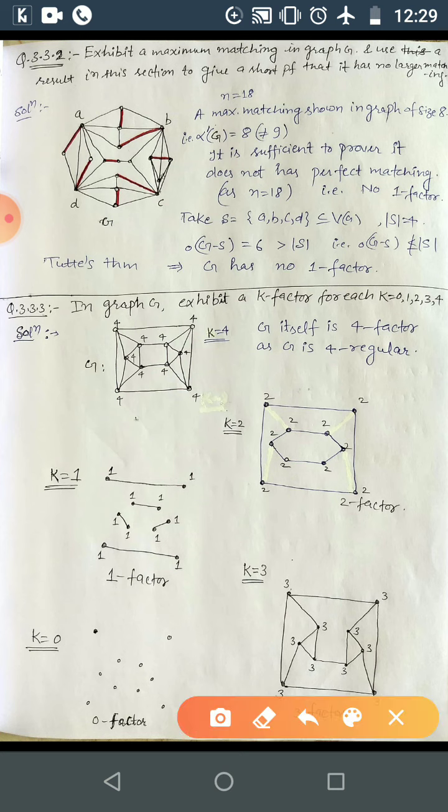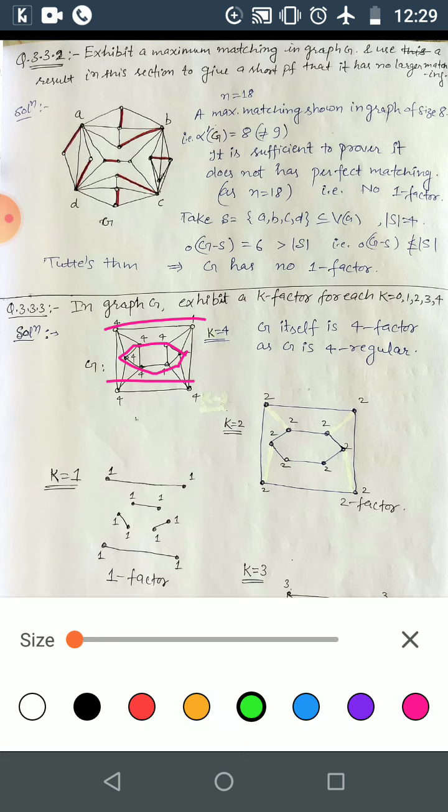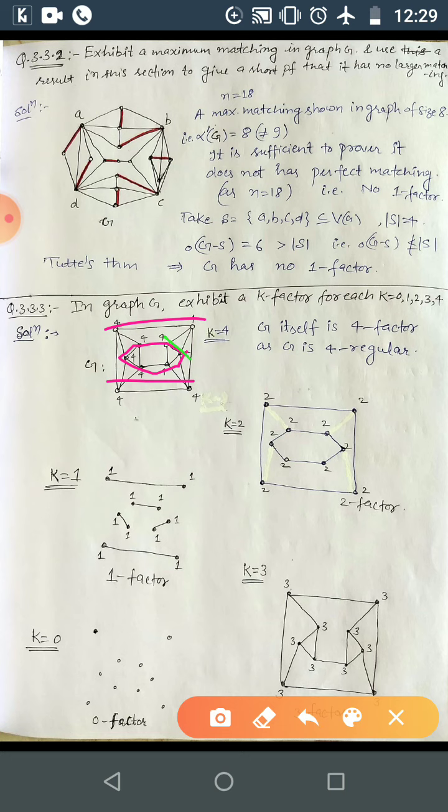And for a 1-factor, you can take this edge, and then this edge out of this one. From the outside C4, you can take alternate edges, that is this one and this one, and from the inside C6, you can take alternate edges, this one or this one, or you can just take this one and this one.